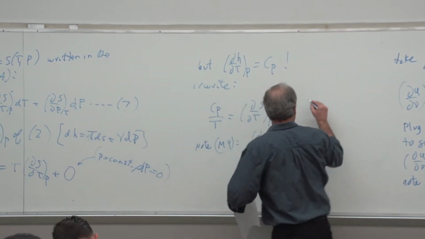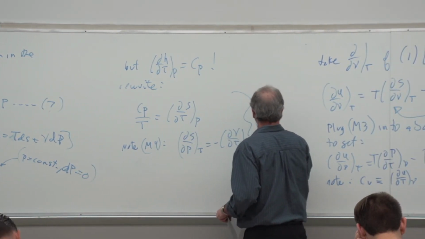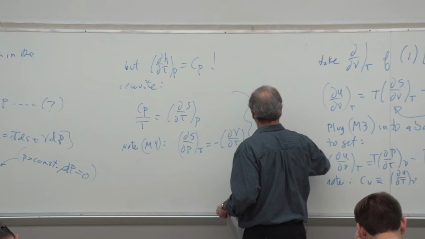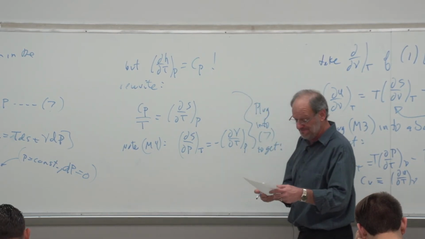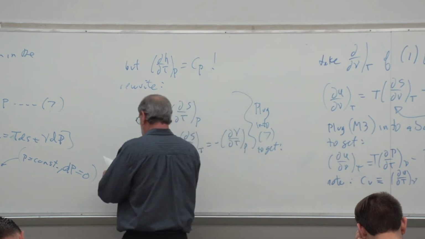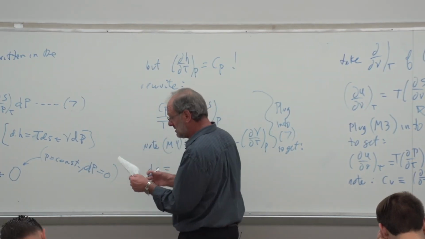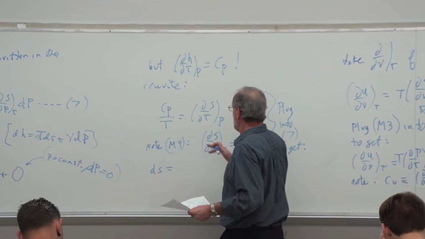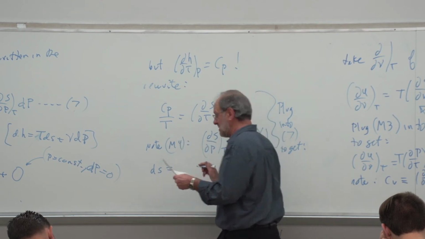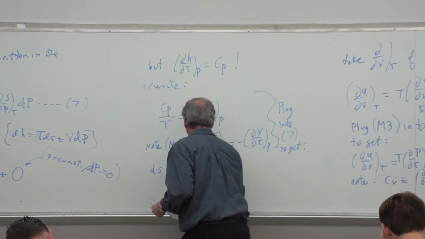So we're just going to plug both of these into equation 7 to get the following. So let's see, we get dS equals, and then the (∂S/∂T)_P term, well, that's just my Cp over T. So Cp over T dT.